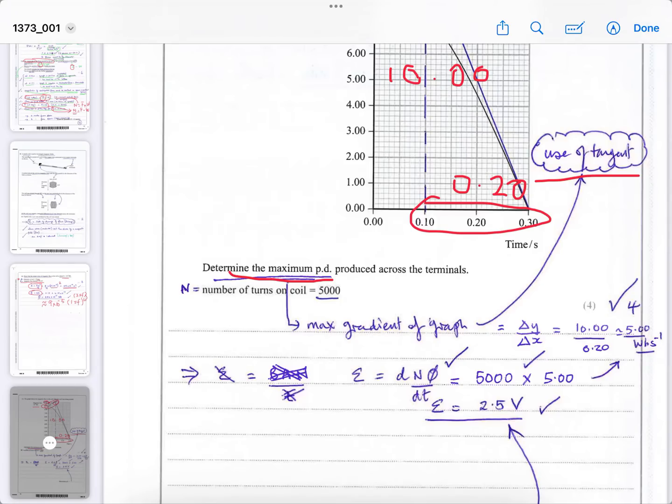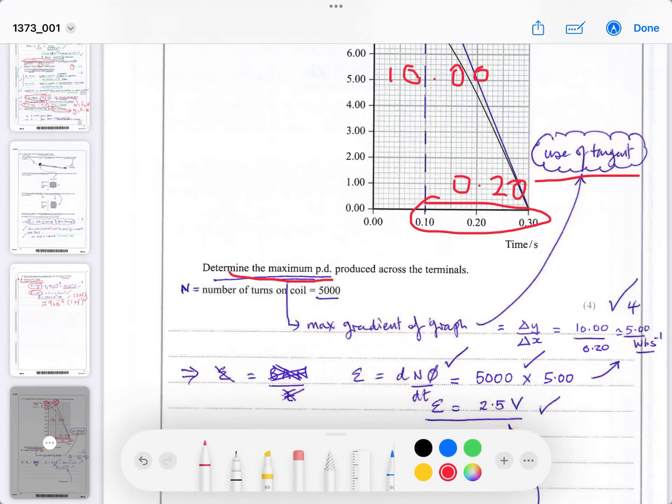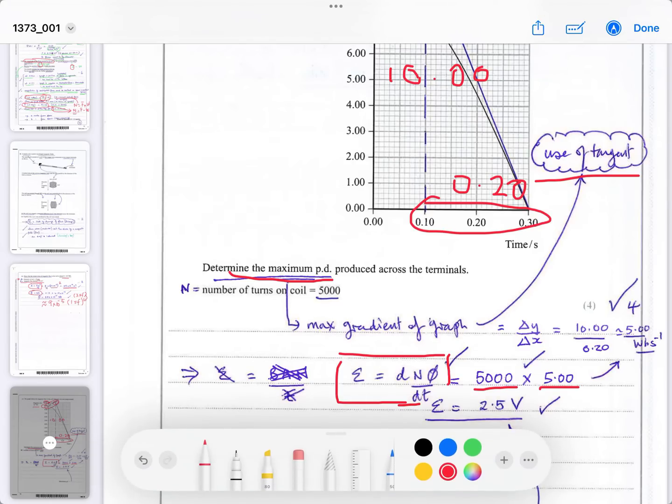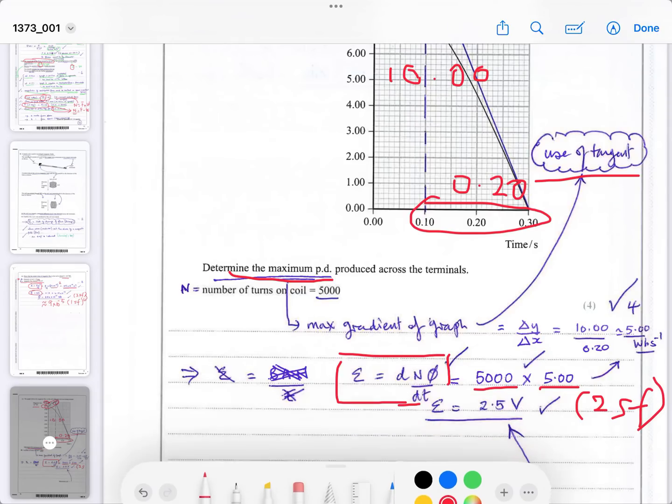Okay, and you get 5 Webers per second, and then once you know that, you can put it into the equation here, where the EMF is the rate of flux linkage, N d phi by dt, which is 5,000 times 5.00. The rate of change will give you a value of 2.5 volts, again to 2 significant figures. So that's how accurately I think we can quote the data, yeah.